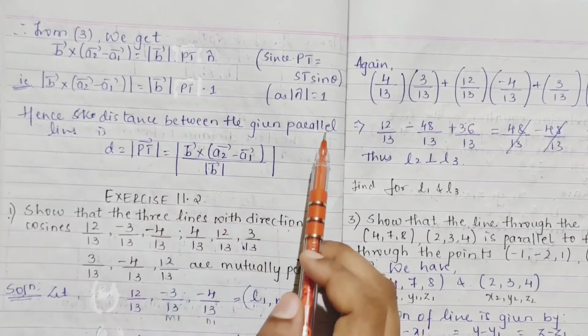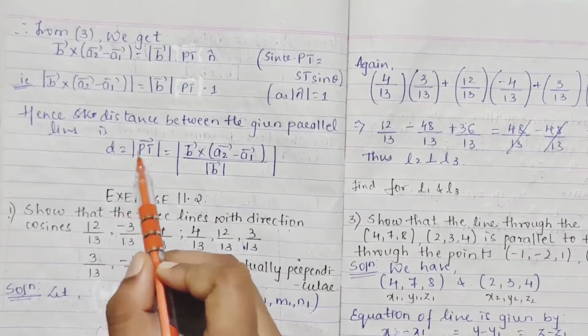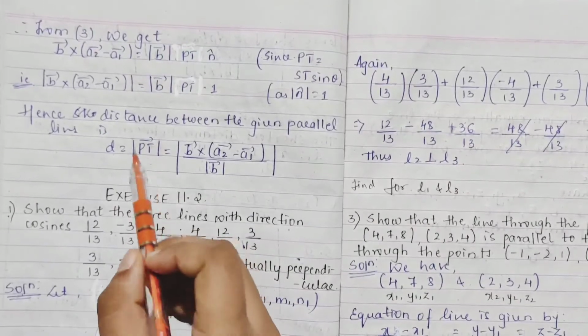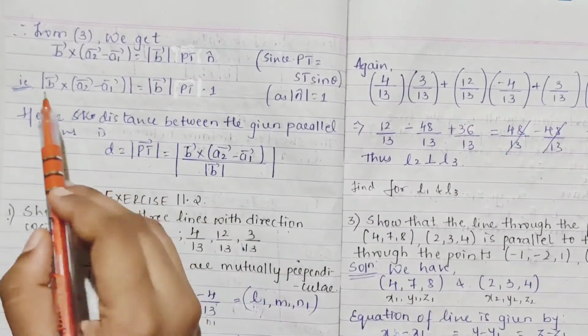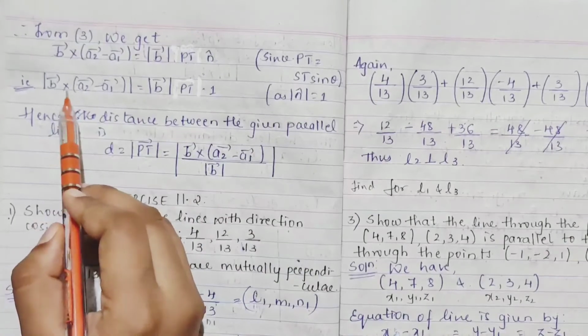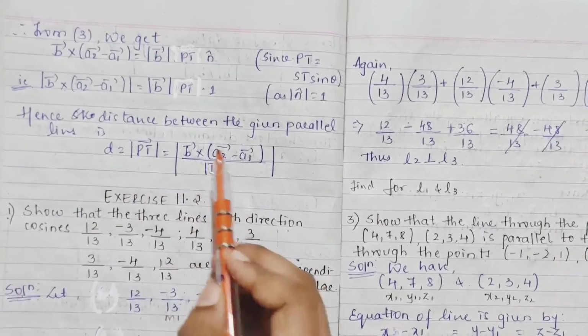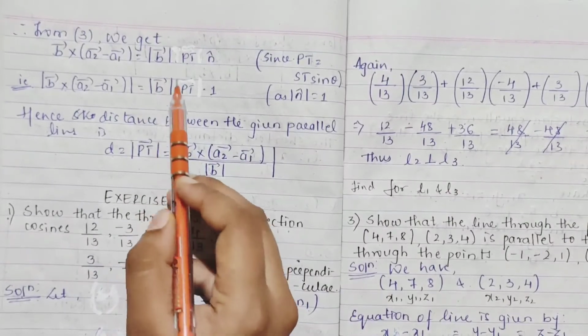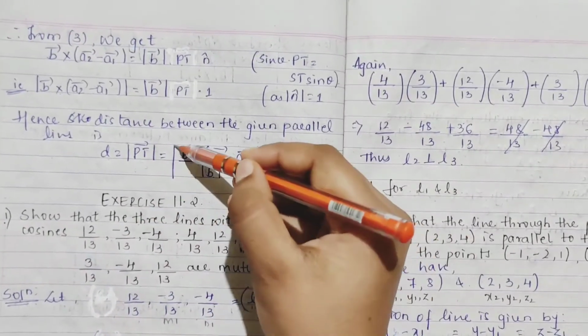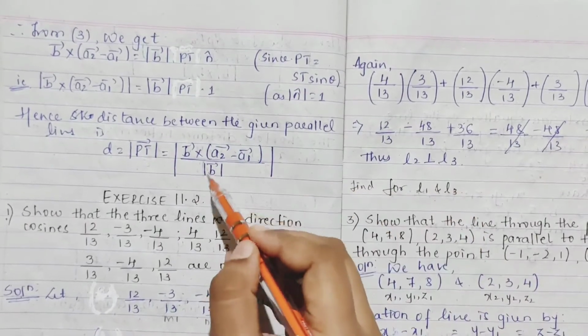So directly the shortest distance between parallel lines is given as d is equal to determinant of vector PT, so it is vector b cross vector a2 minus vector a1, whole divided by the determinant of vector b. See, this will become your modulus and this will be your determinant.